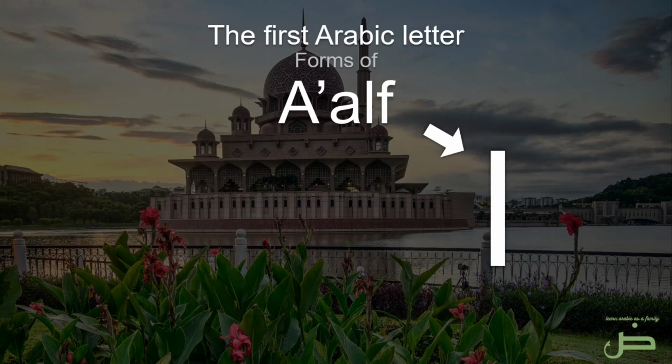We'll see examples of that in the next lesson, inshallah. The second form resembles a 90-degree angle drawn from right to left, and this time from bottom to top. This form is only used when the letter before it accepts contact.